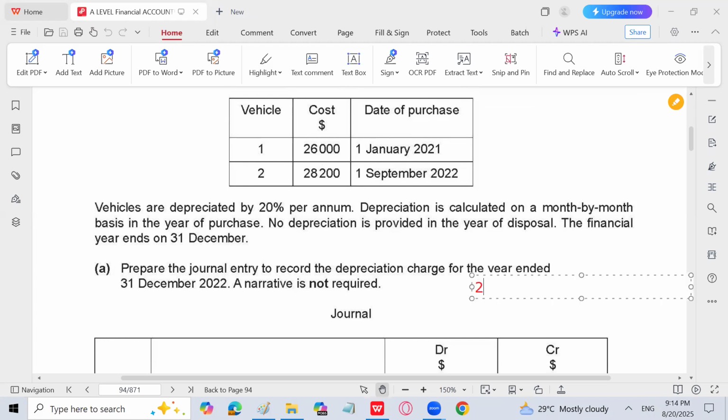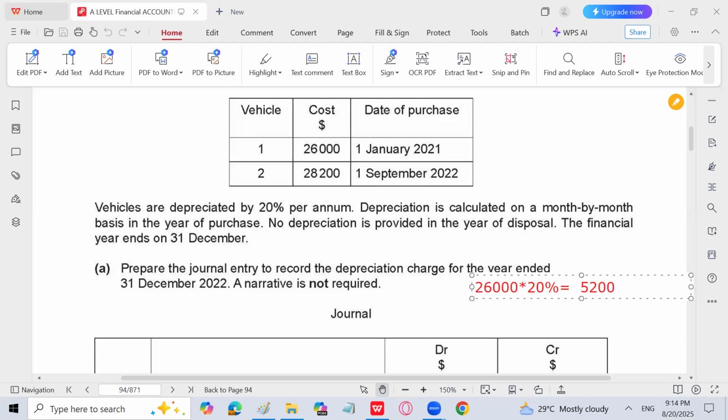Let's calculate 26,000 multiplied by 20% for the whole year. Yes, I know, this 26,000 was depreciated in 2021 also for the whole year, which is 5,200. But again in 2022, as it is the straight line method, we have to calculate depreciation on the cost of the asset. So it will again be 5,200: 26,000 into 20% for the whole year.